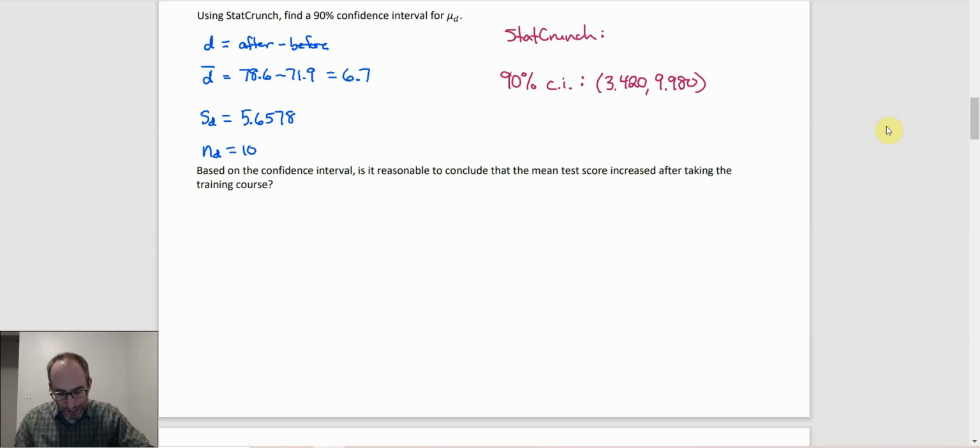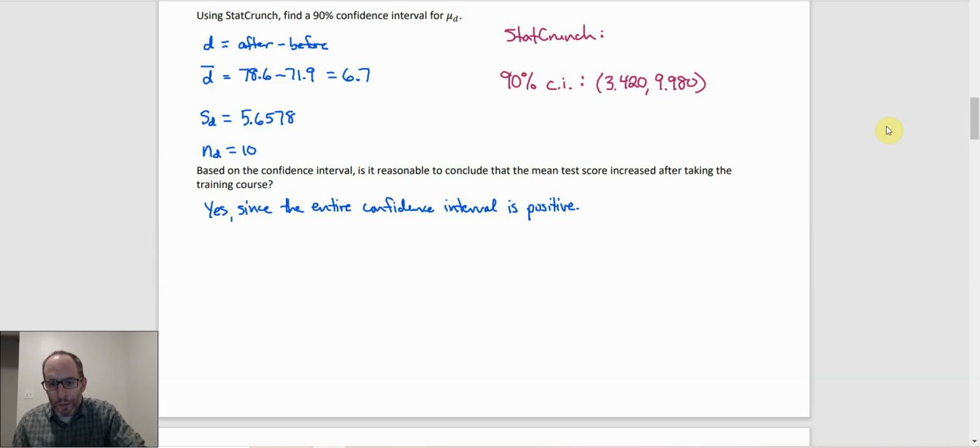So here we could say, yes, since the entire confidence interval is positive, but here increased and positive are going together because of the order of subtraction that we had picked.